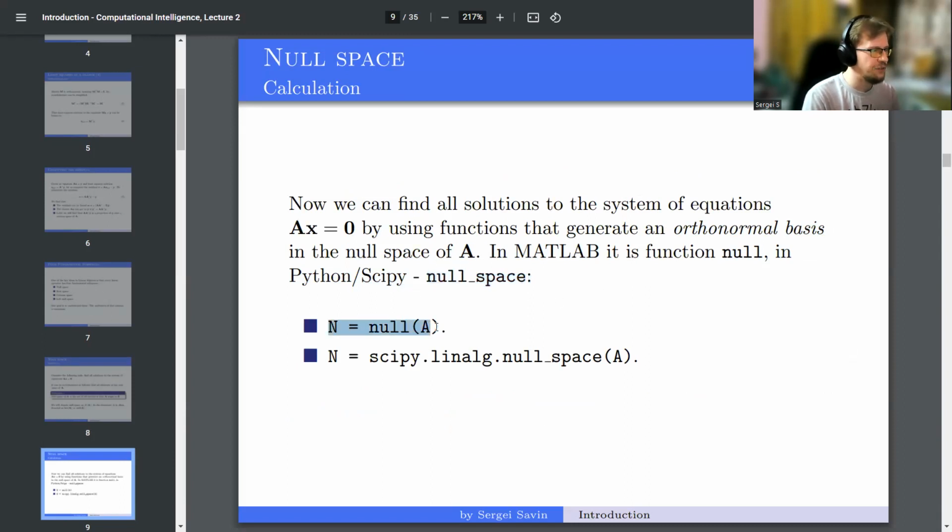So the way you do it is something like this: N equal to null of A, or N equal to scipy null_space of A. So that's how you find orthonormal bases in the null space. So let's be clear what we find here. We find orthonormal bases.